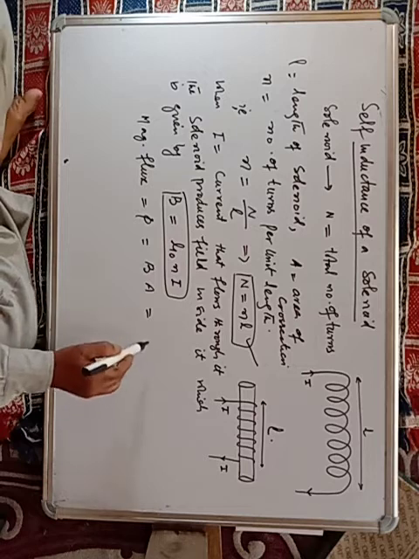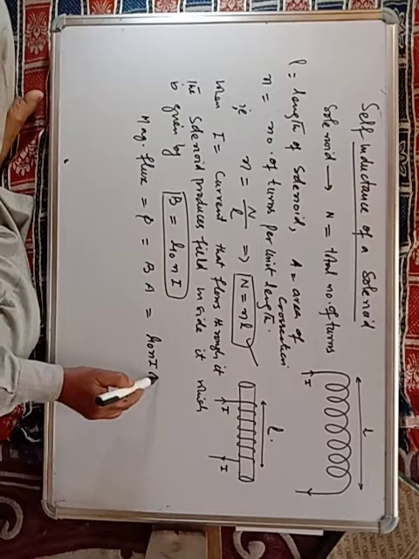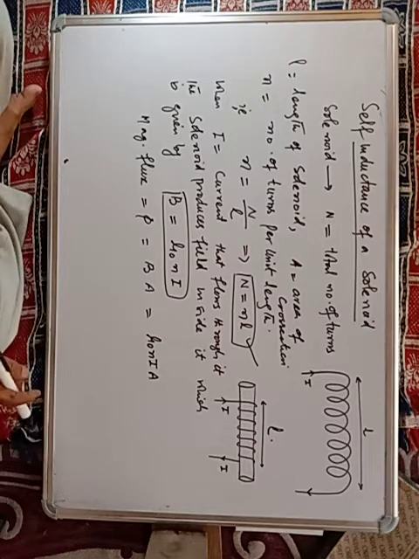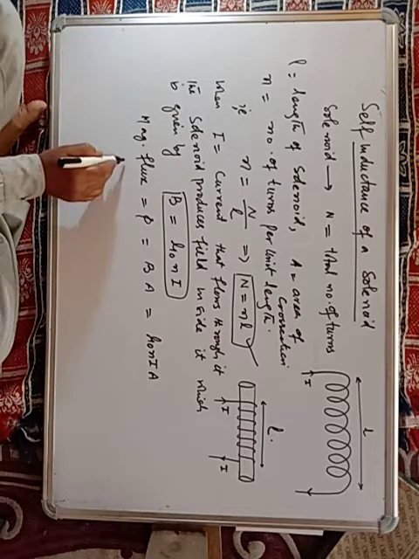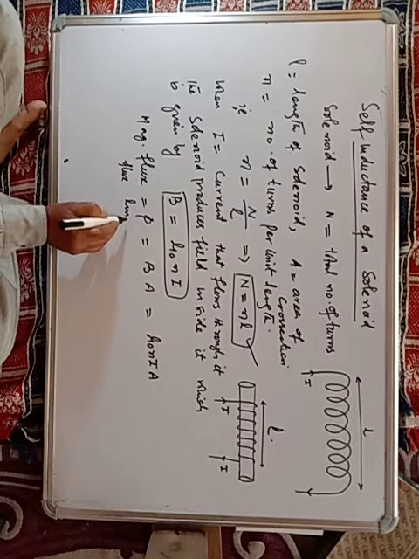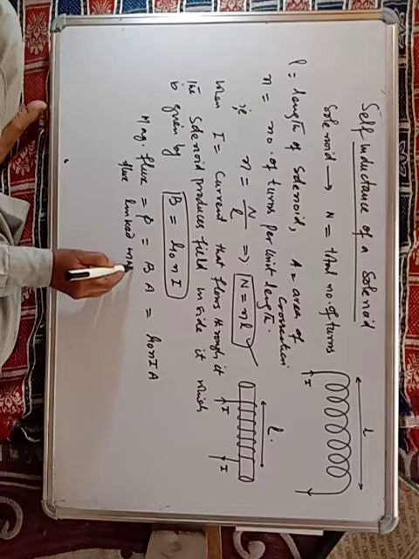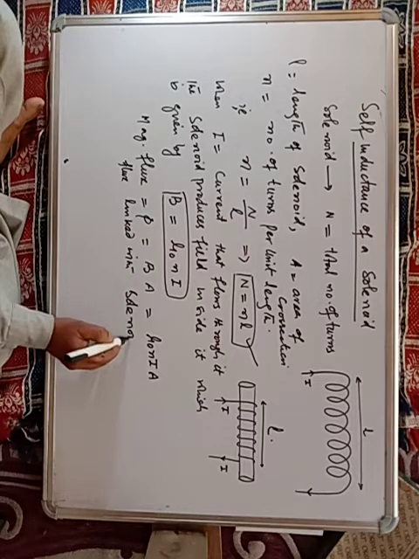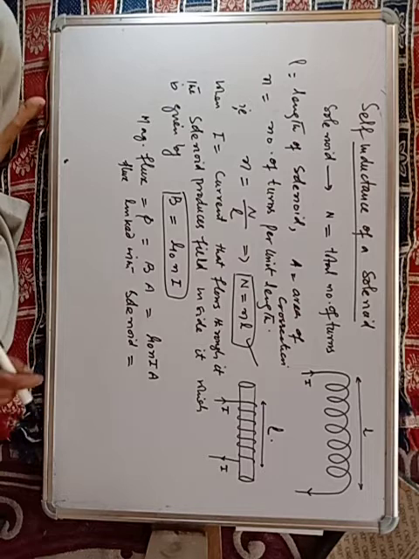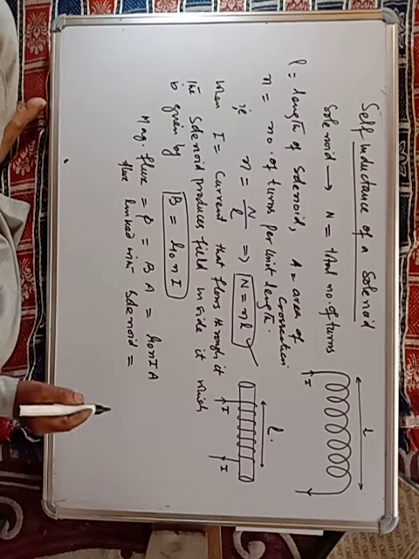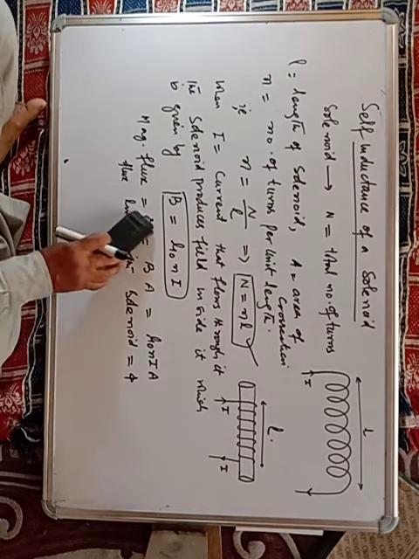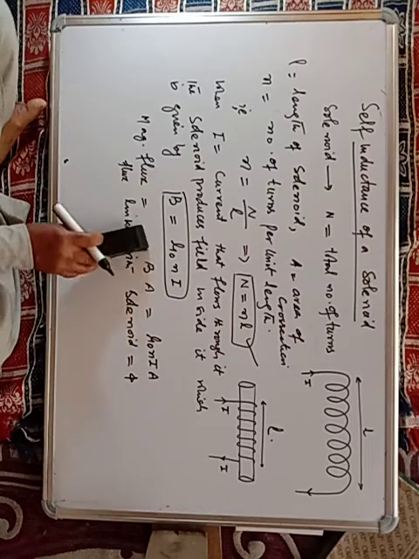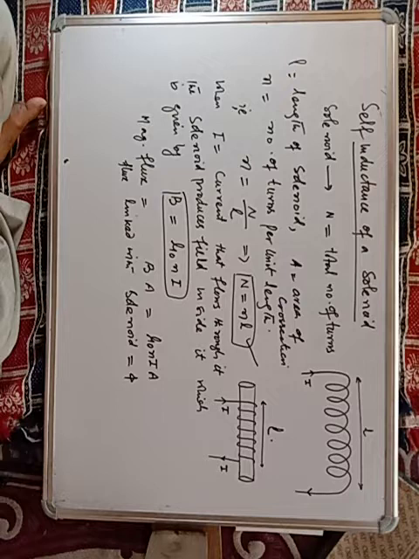It is mu naught n I. So this is mu naught n I into A. This is the magnetic flux. This magnetic flux gets linked with the solenoid. Now, flux linked with the solenoid is equal to, here we will not write phi, because you may get confused with magnetic flux. So it will be mu naught n I A.